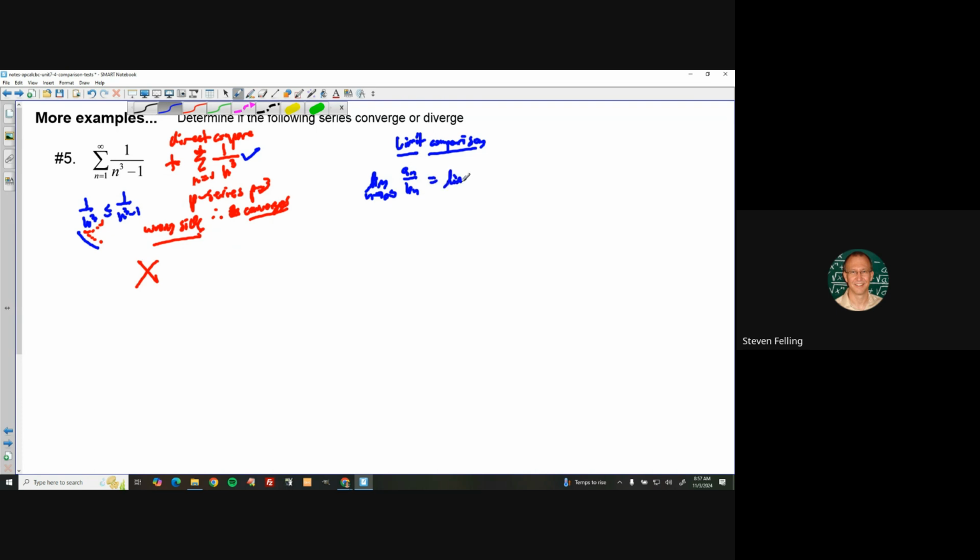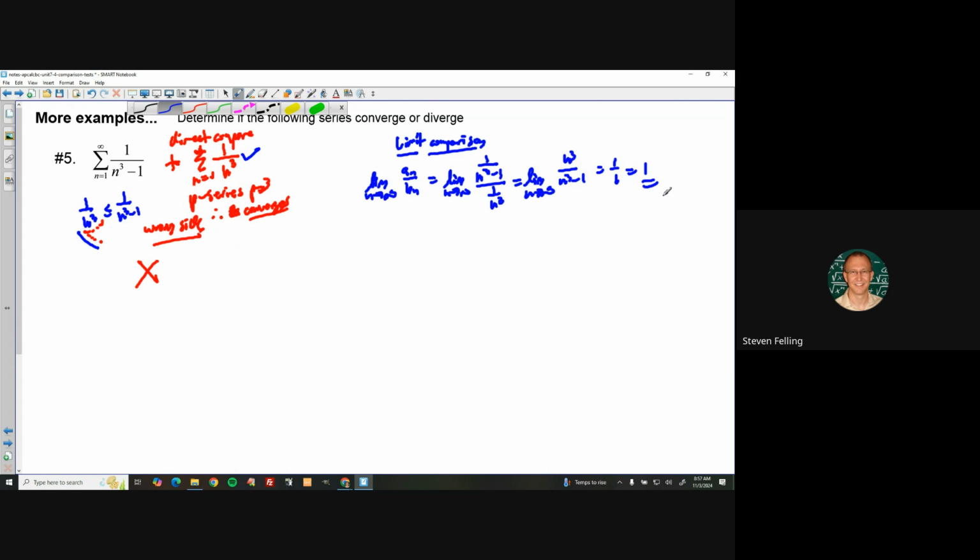So that would be the limit as n approaches infinity of 1 over n cubed minus 1 divided by 1 over n cubed, which is the same as the limit as n approaches infinity of n cubed over n cubed minus 1. You could use L'Hopital's rule 3 times, or you could just say, hey, same degree, this ends up being 1 over 1, which is 1. That's a finite positive number.